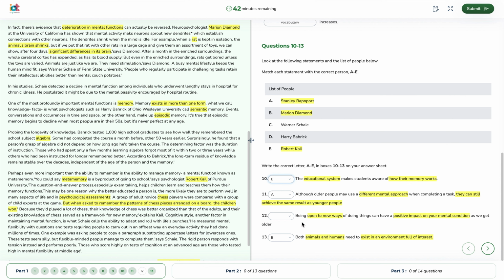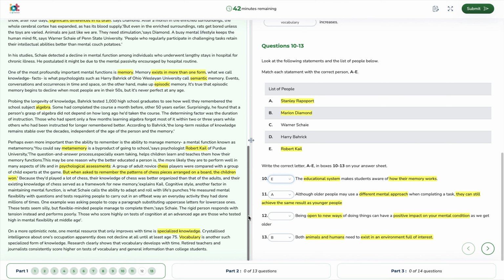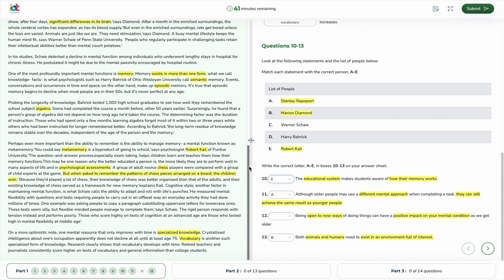And the last one we are left with. They are saying being open to new ways of doing things can have a positive impact on people. So we are left with two people now, Harry and Warner. Let's see where the Warner person is. Over here, just next to it.